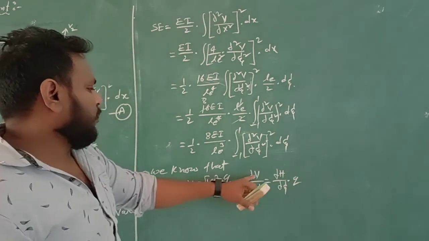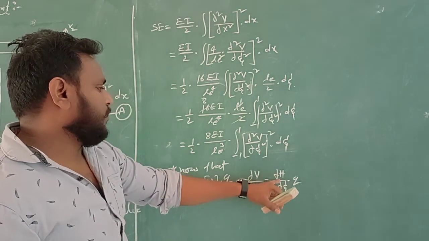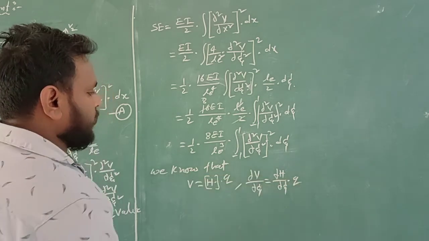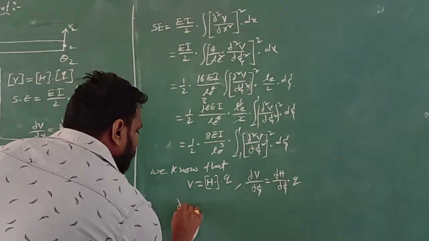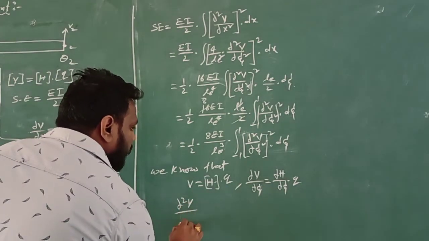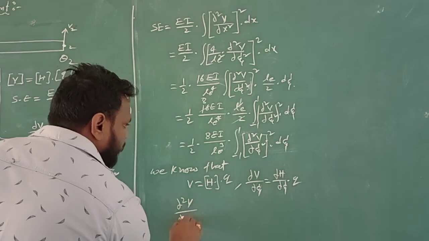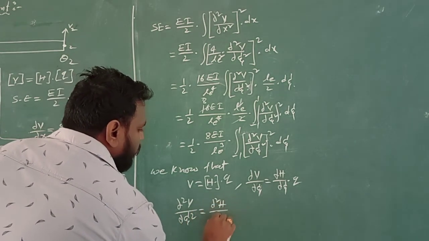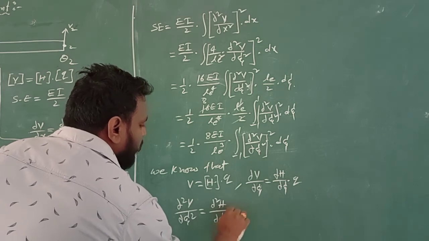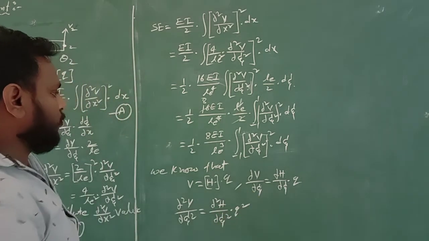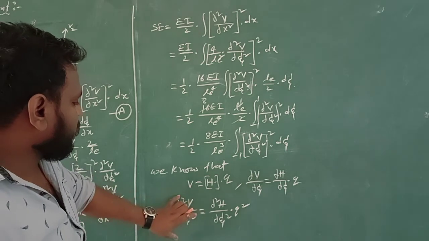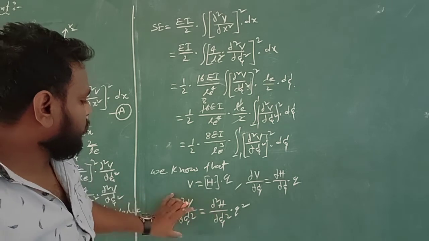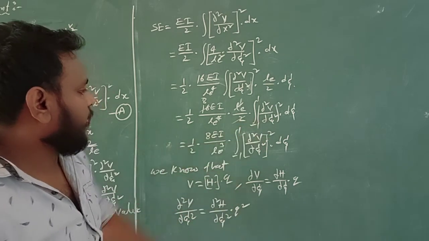That is, ∂v/∂ξ is equal to ∂H/∂ξ into q, and after applying squaring also, ∂²v/∂ξ² will become ∂²H/∂ξ² into q. So substitute this quantity, ∂²v/∂ξ² equal to ∂²H/∂ξ², here.